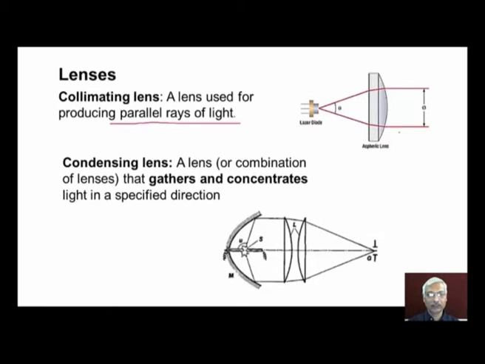We want to get a parallel beam of light. In such cases, we use collimating lens. And sometimes we have to make the parallel beam of light to fall on a particular point. In such cases, we go for condensing lenses. These lenses gather and concentrate the light in a specified direction.